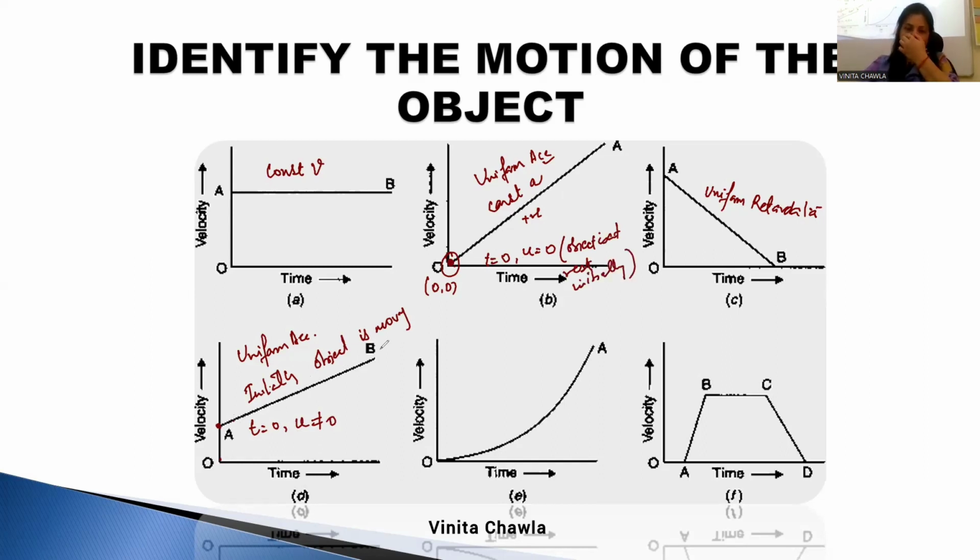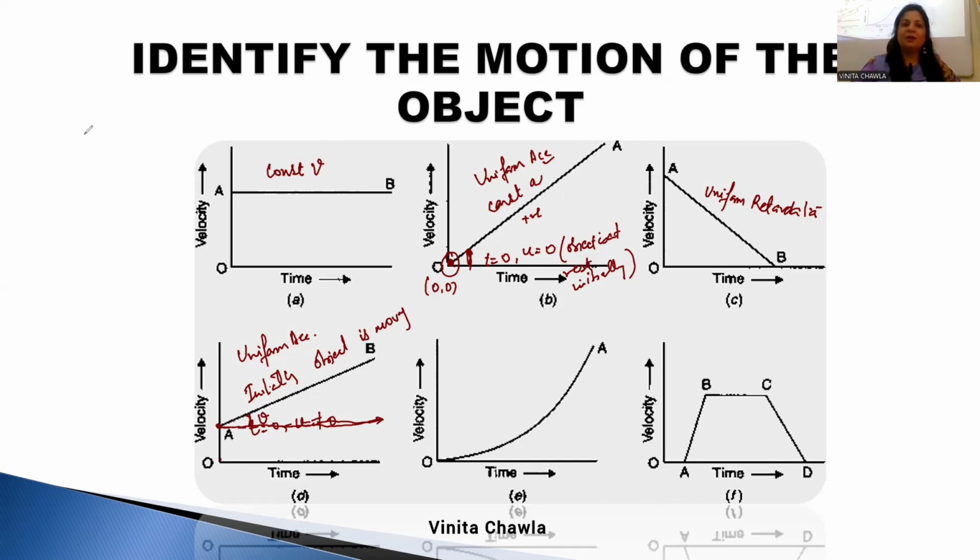And one more thing, which graph forms a greater angle with the x-axis? B or D? I think B makes a greater angle. If we draw a horizontal line here, then this angle looks smaller and this angle looks greater. It has more slope.